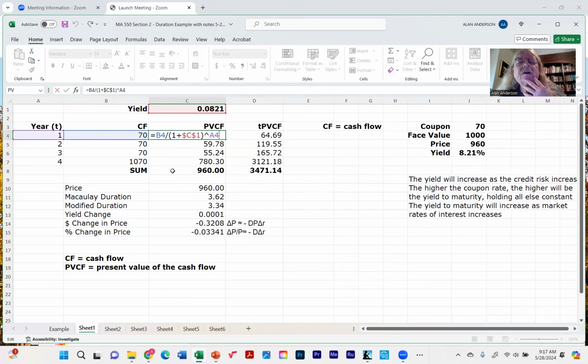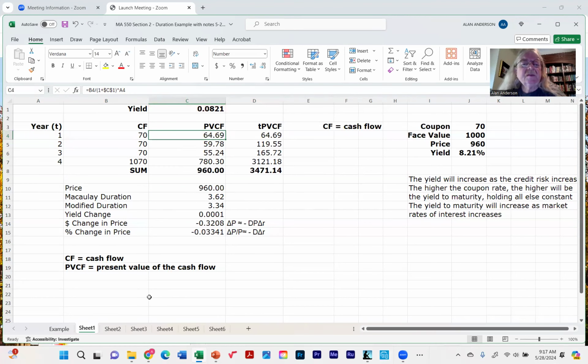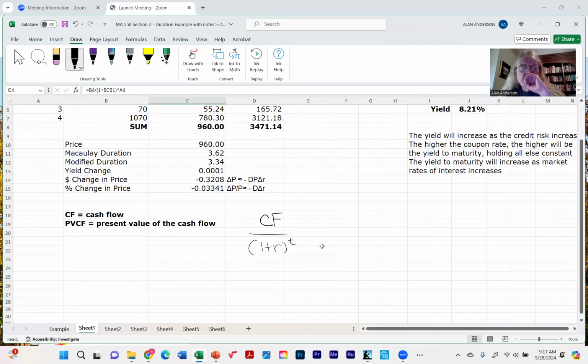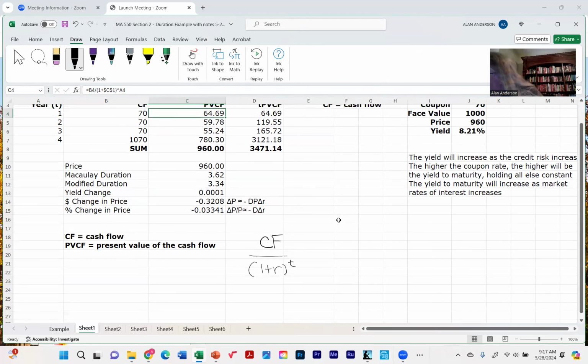Okay, so you can see what I've done here is equivalent to doing this. It's going to be the cash flow. All right, I'll write this as CF because it could be a principal payment, over 1 plus R to the T, where R is the yield to maturity.